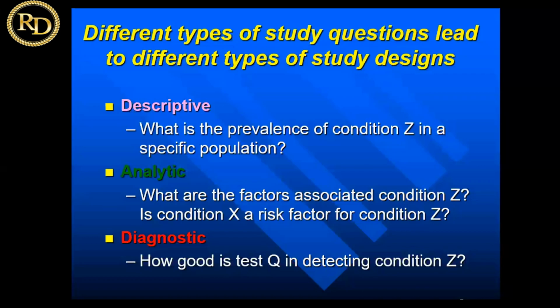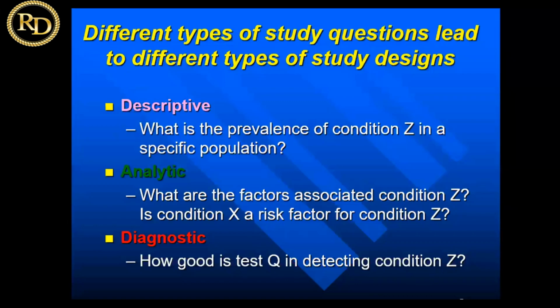So what are the factors which are associated with the condition Z? And is this condition a risk factor, an etiological risk factor, or the cause? What are the risk factors? If you want to really study the risk factors, that will come here. So you are doing the analysis between two different conditions, agent, host, and environment. What are the different agent factors, host factors?